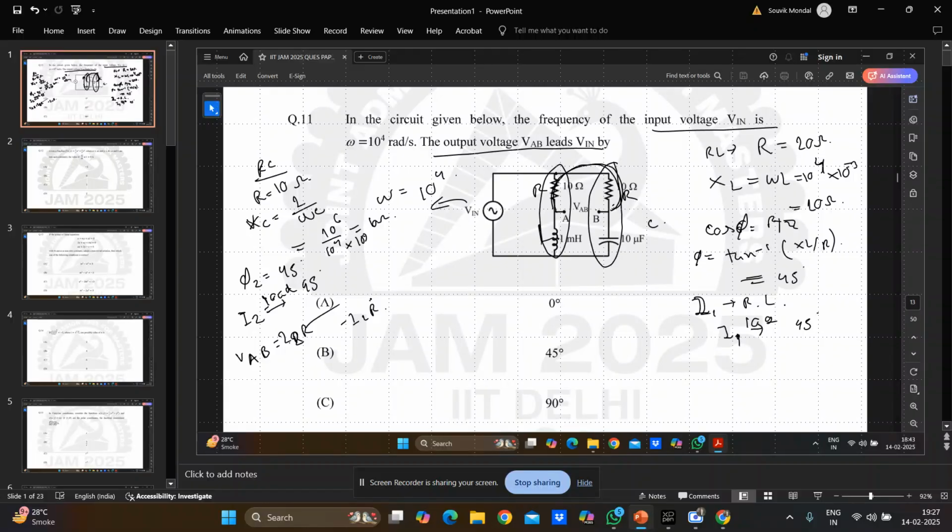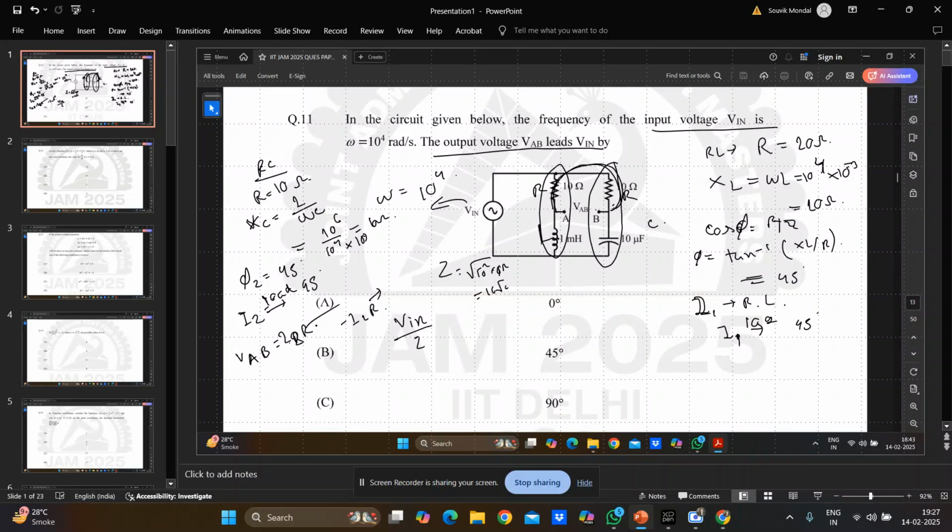So R is basically the same. What are your I2 and I1? I2 and I1 are both VIN by Z. The magnitude of Z is the same for both circuits because XC and XL are both 10. So Z is basically root under 10 square plus 10 square, so 10 root 2. So you don't have to care what I1 and I2 are. They are basically the same. That is the thing you know.